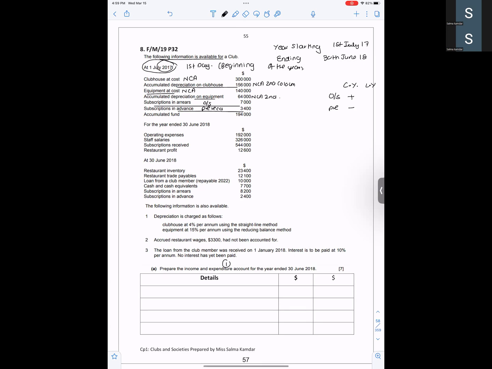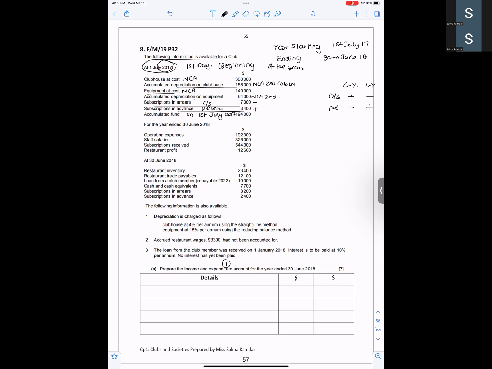If it is for the last year, I will do just the opposite of it. So this will be subtracted and this will be added. We are also given the accumulated funds on the first date. That means I will say this is accumulated funds on 1st July 2017.